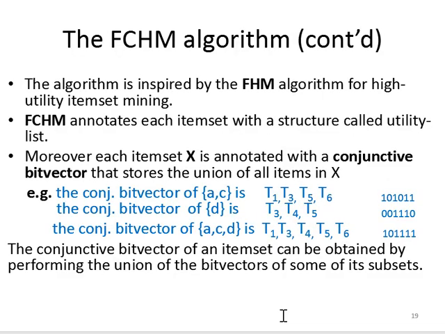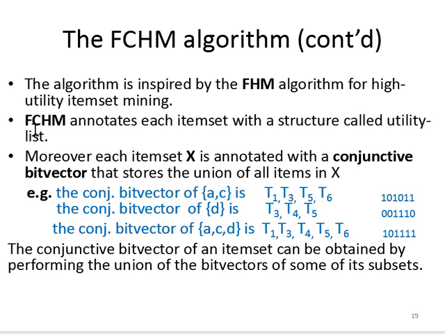The FCHM algorithm is inspired by the FHM algorithm for high utility itemset mining. So each itemset will be annotated with a table we call the utility list. In this table, we have the information to calculate the upper bound on the utility.